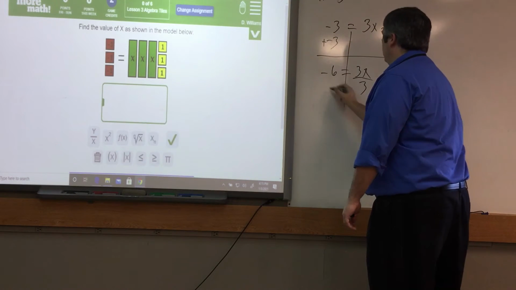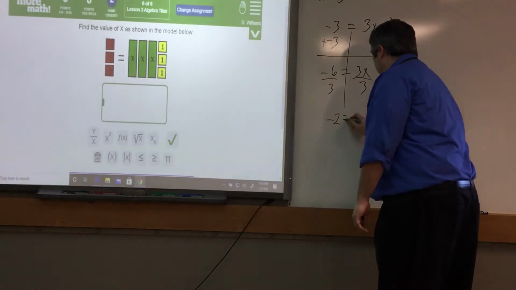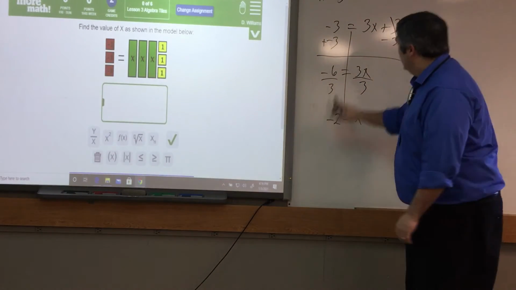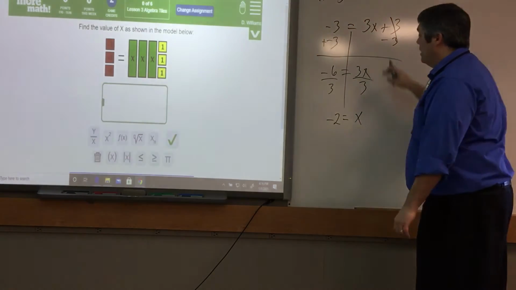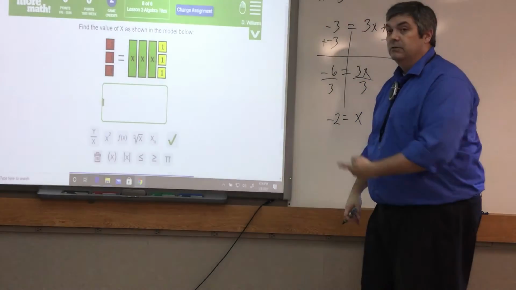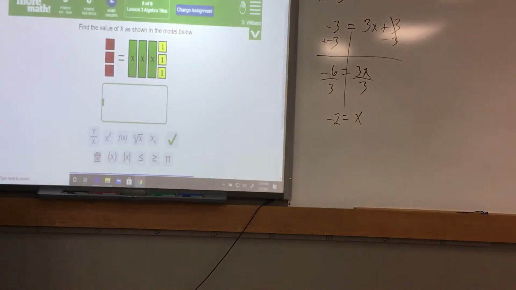Divide by 3. Negative 2 equals x. Hopefully I did that correctly. I could take this, plug it back in, and check to make sure that's what I got. I strongly suggest you do that before you plug in your answer, because there's no reason in doing a whole bunch of these wrong. Okay, so negative 2.